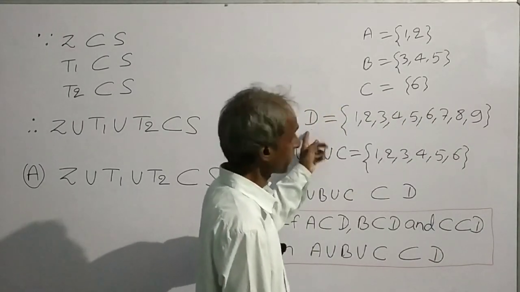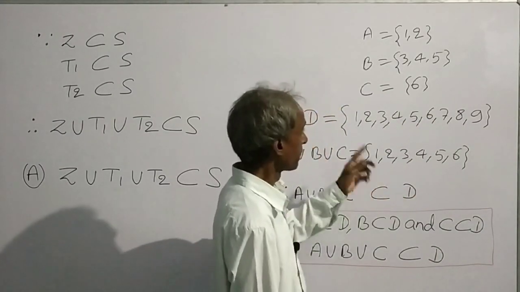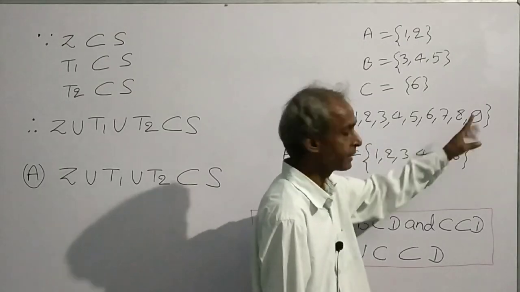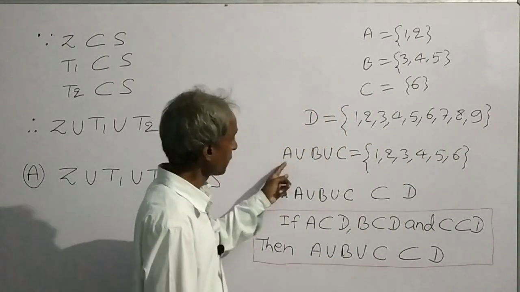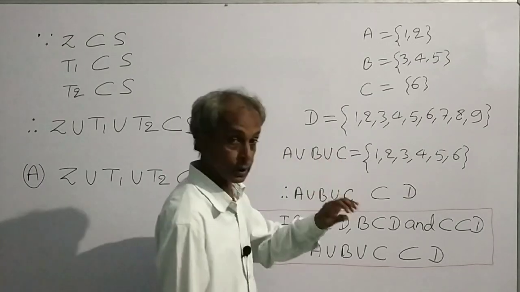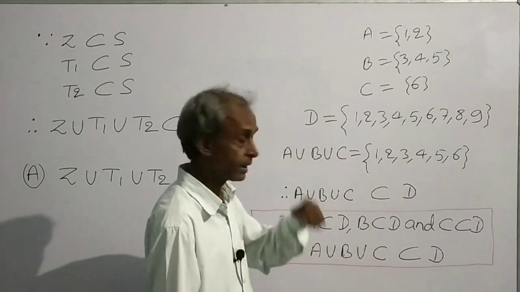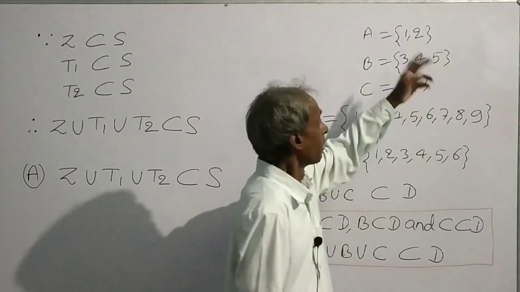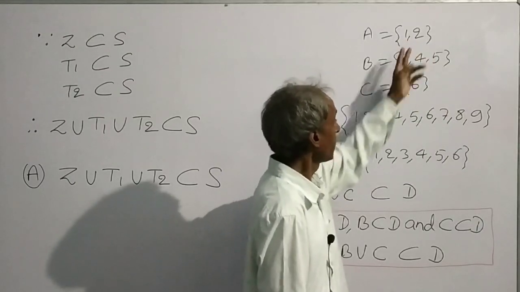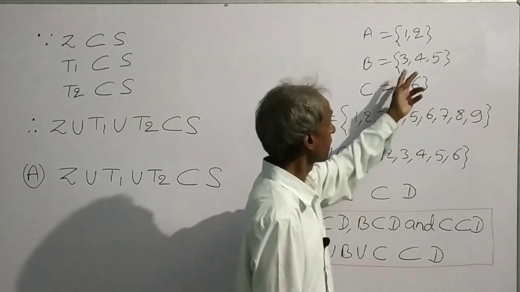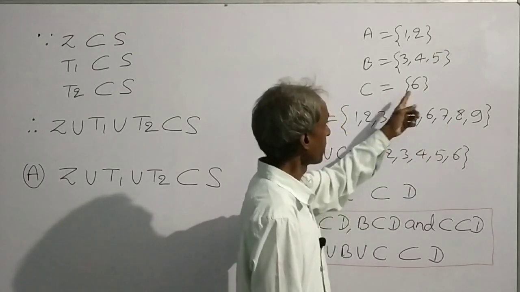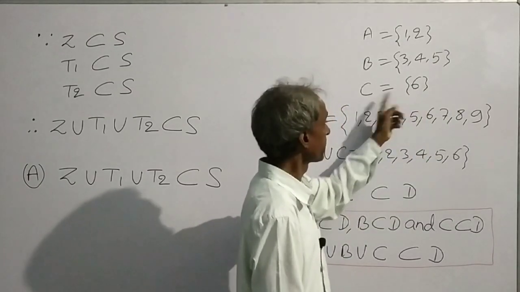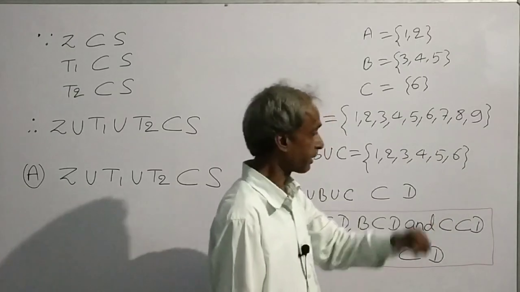And D is another set in which these 9 numbers are present. Then A union B union C will be a set in which every number in A, every number in B, and every number in set C are present.